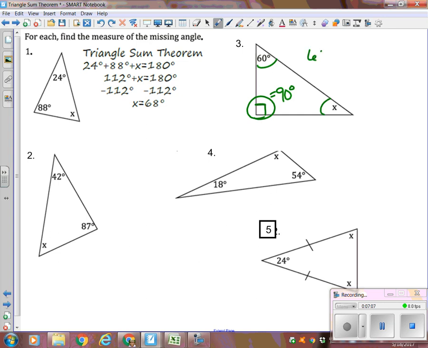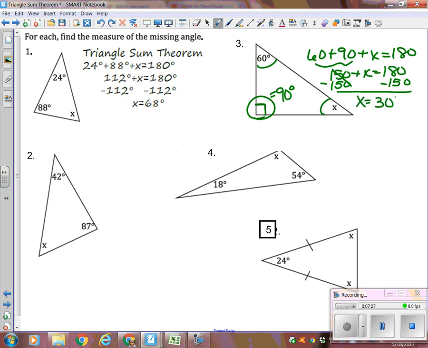So I would simply say 60 plus 90 plus the x equals 180. If you add the like terms, you're going to get 150 plus x equals 180. And if you subtract 150, you're trying to get the x by itself, it turns out x is going to equal 30 degrees.